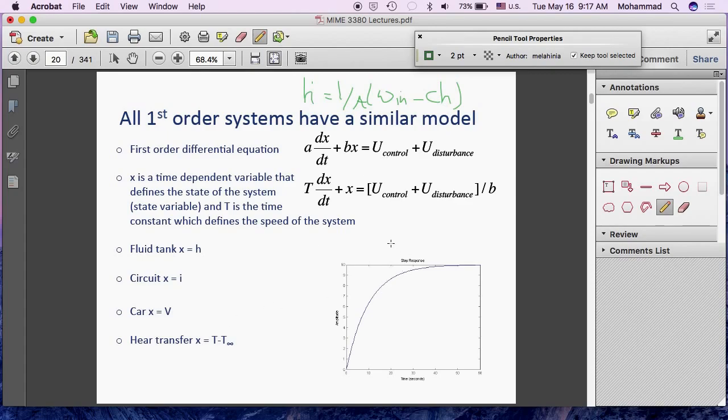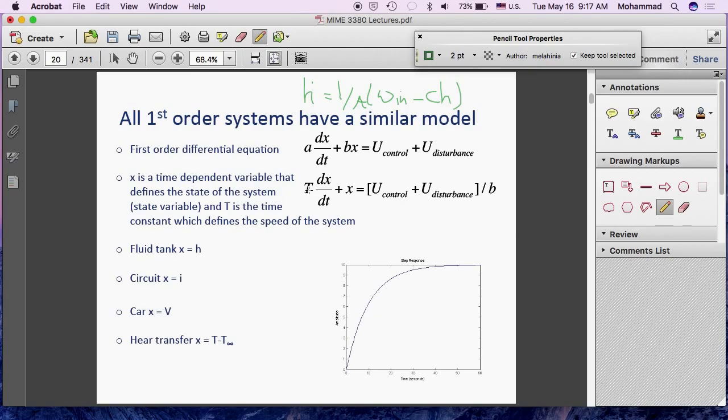Now, this is a very important form. If the coefficient of x is 1, that's the key form. If the coefficient of x is made to be 1, the coefficient for x dot is a very important variable, which we show with capital T, and it's called the time constant of the system.